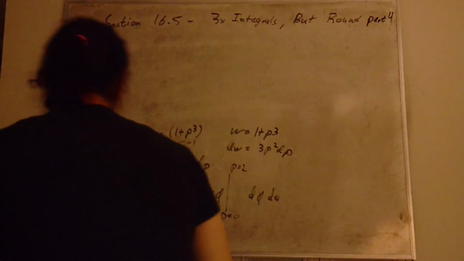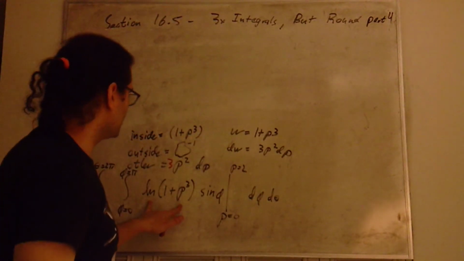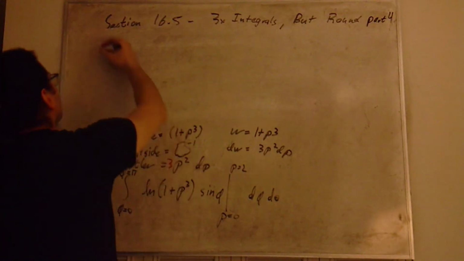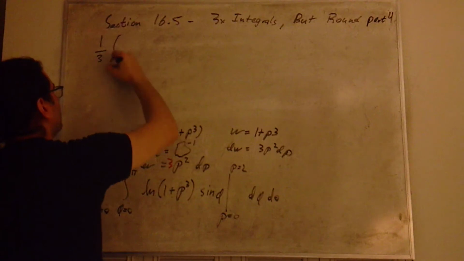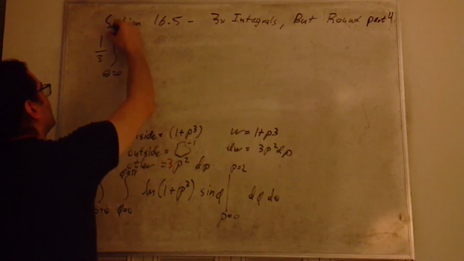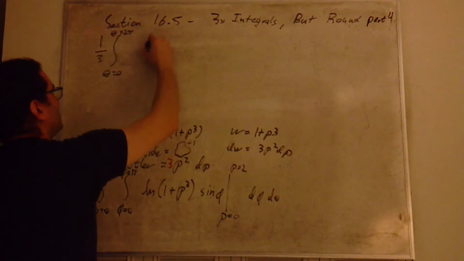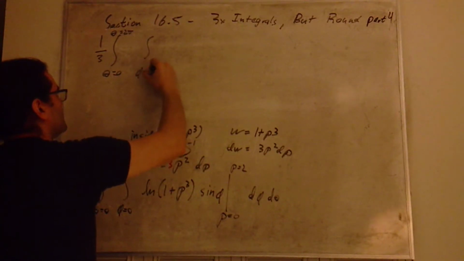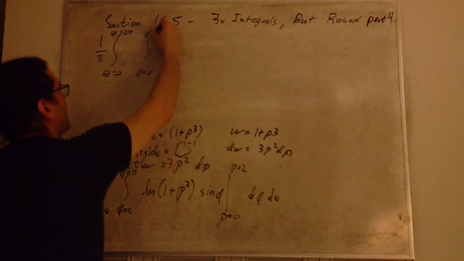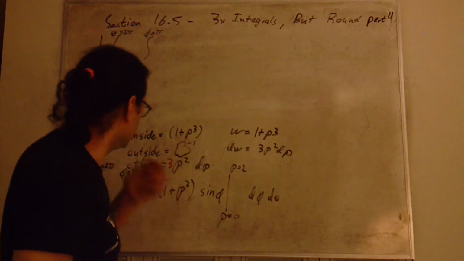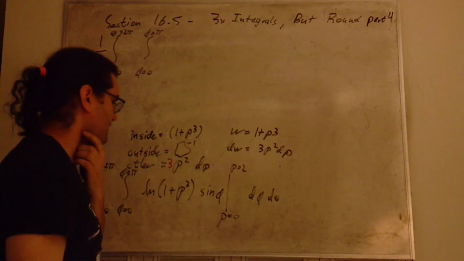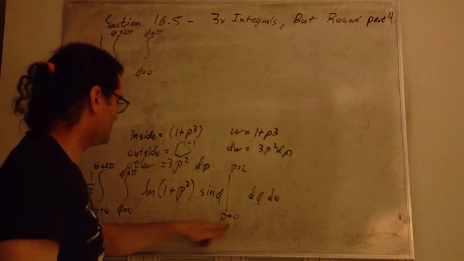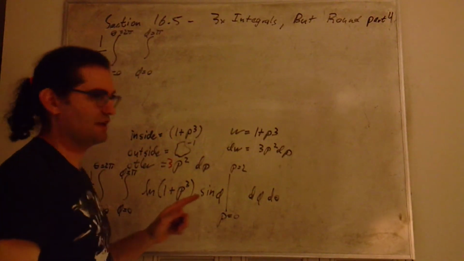Okay, so this is going to give us the natural log of 9. Well, let me start from the left. Theta is still going from 0 to 2 pi. Phi is going from 0 to pi. This is natural log of 9 sine of phi minus the natural log of 1 sine of phi.